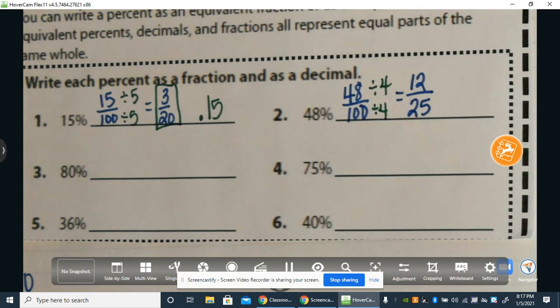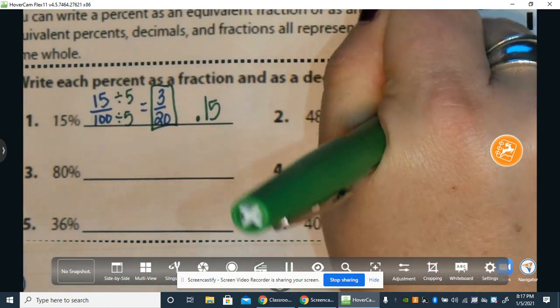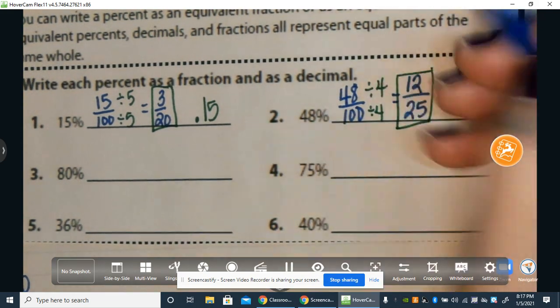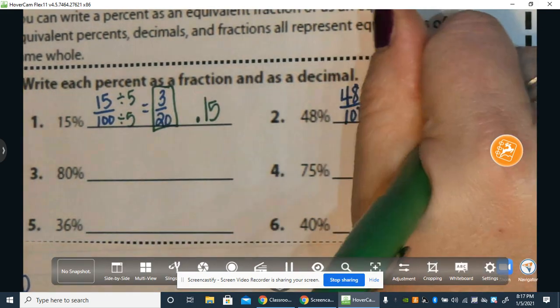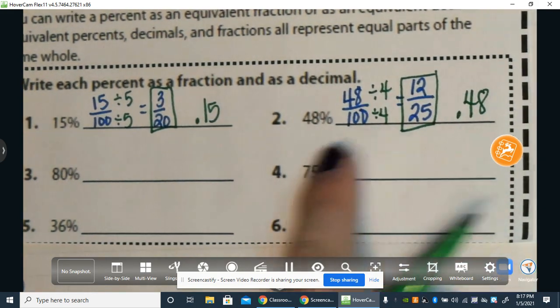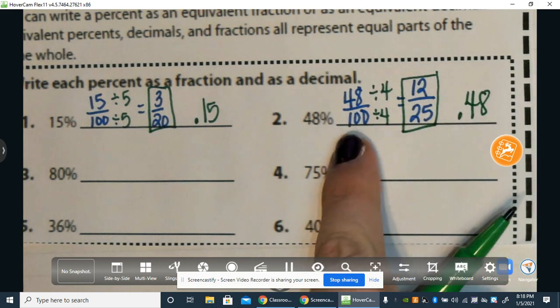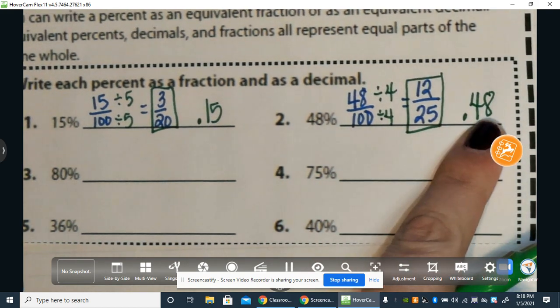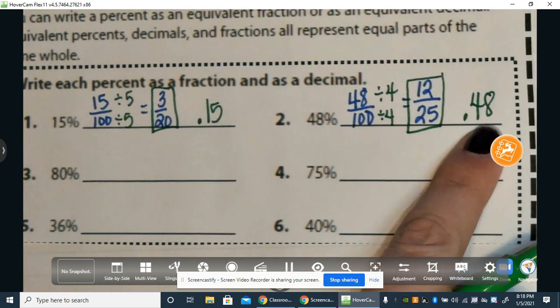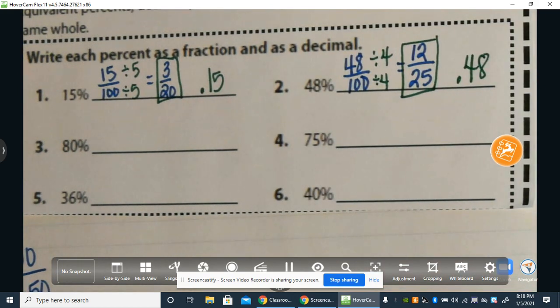So my answer would be 12 25ths, which is my fraction in simplest form, and the decimal would be 48 hundredths. Basically, I'm taking my decimal and writing it with the place value of the tens and hundreds spot.